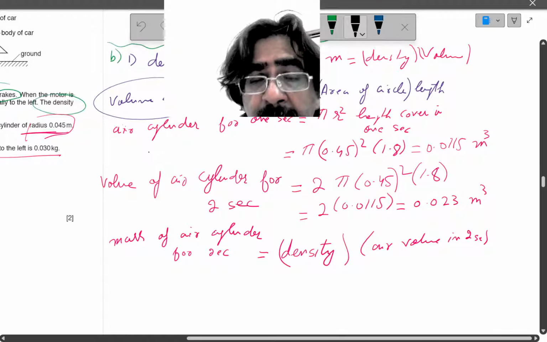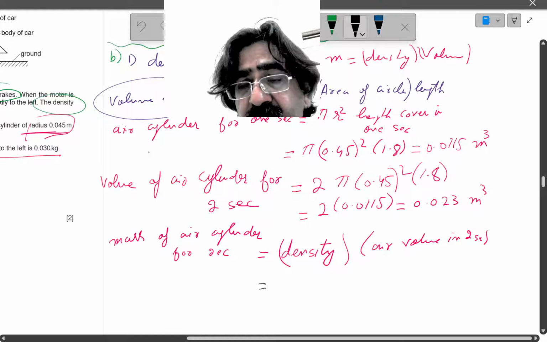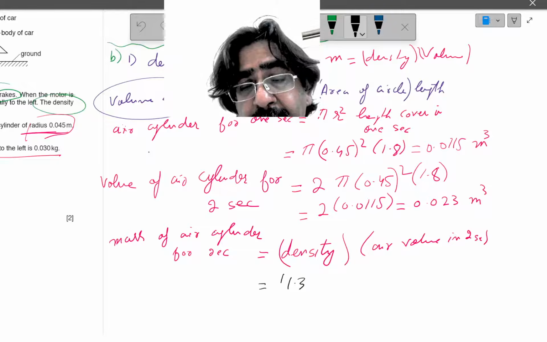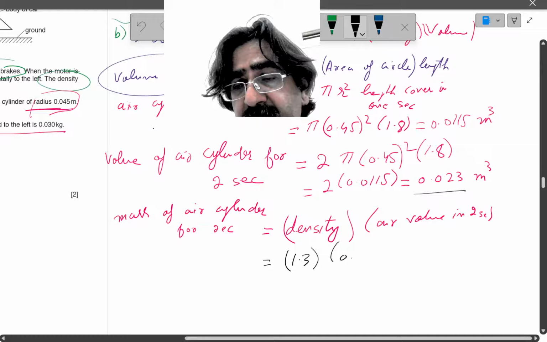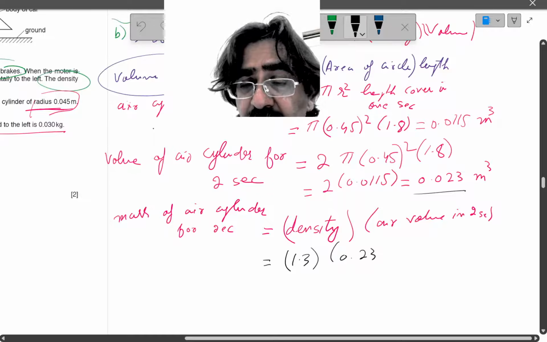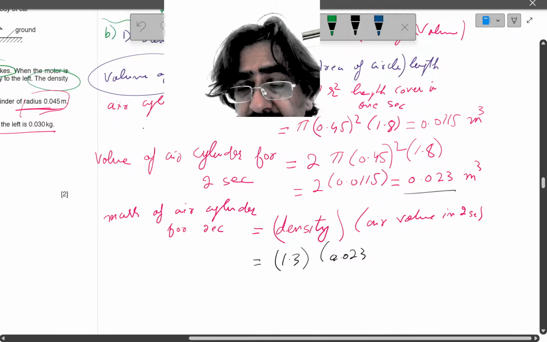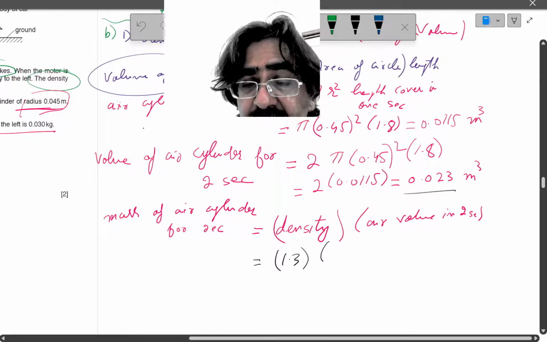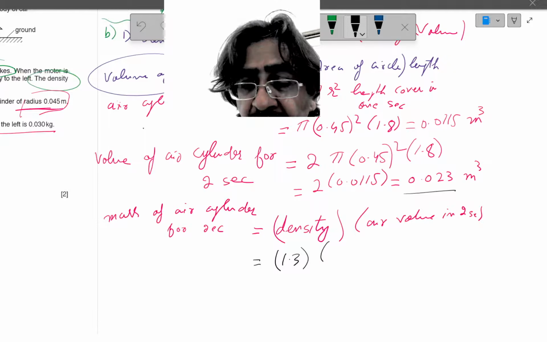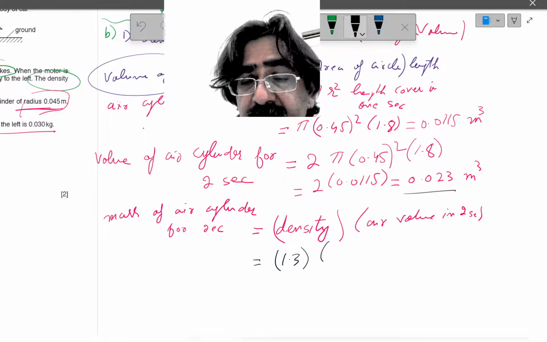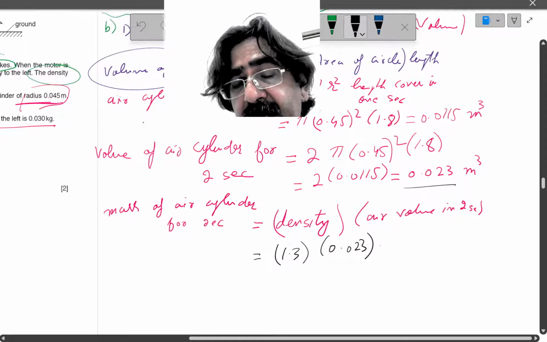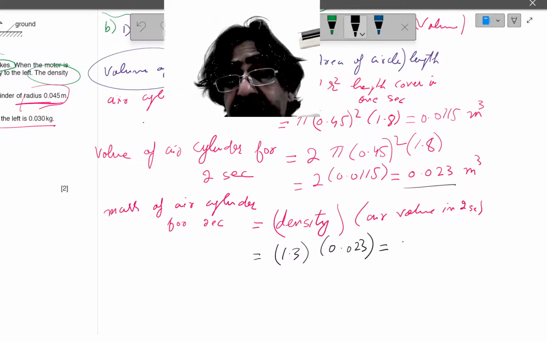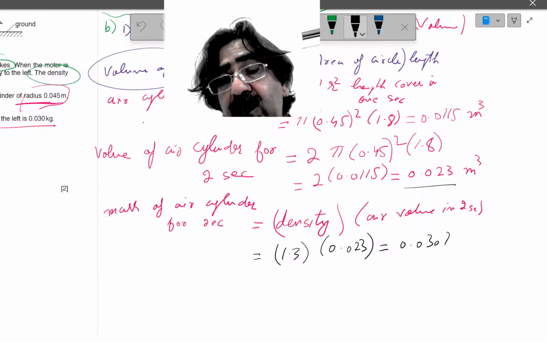So density is 1.3, and the air volume we have calculated for 2 seconds, that will be 0.023, and that will become 0.030 kilogram.